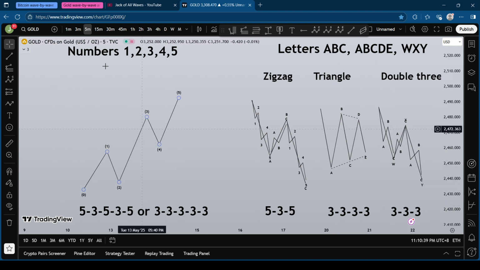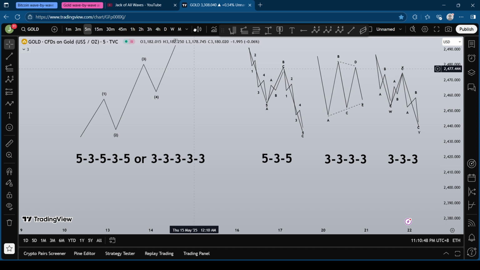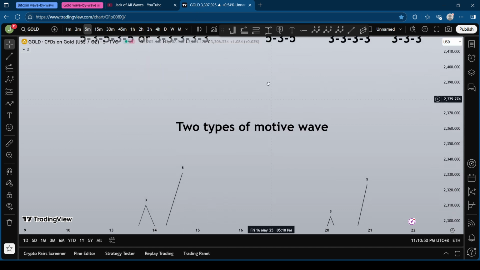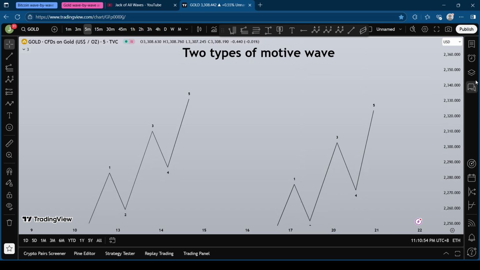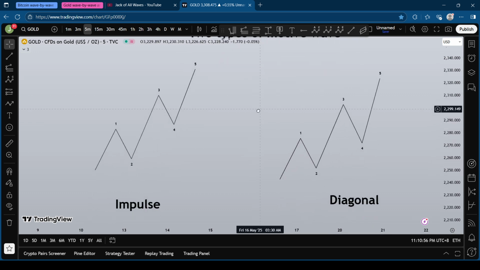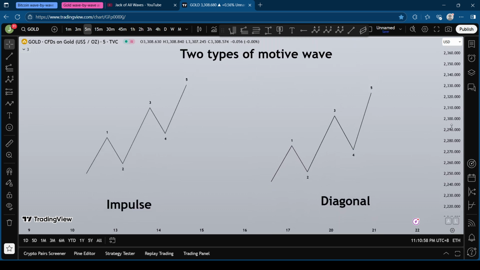Now let's focus on the motive waves, 5-3-5-3-5 or the 3-3-3-3-3. Now there are two types of motive wave. One is called an impulse motive wave, and the other one is the diagonal motive wave.